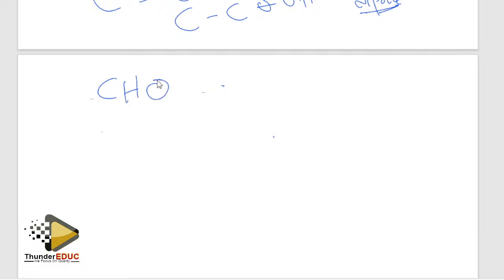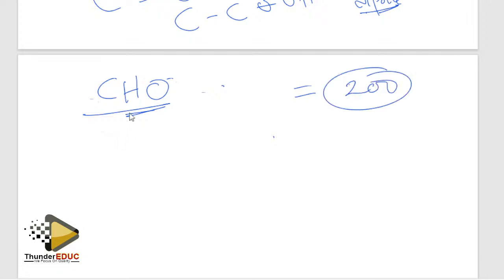Okay, you have this compound, and they want you to find the molecular formula. For example, the molecular mass is 200, I'm just giving you 200.